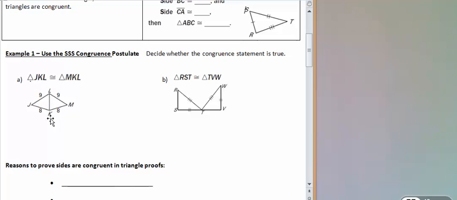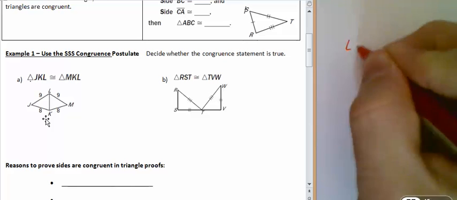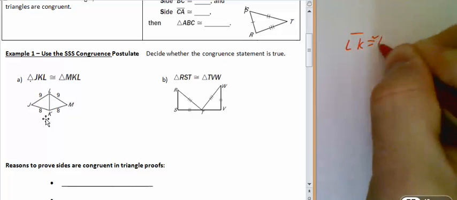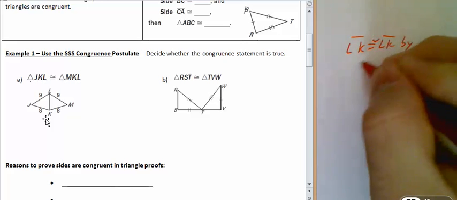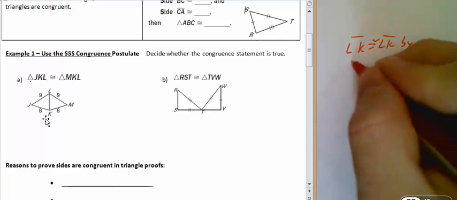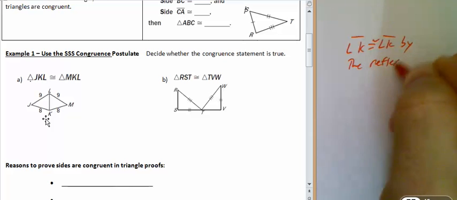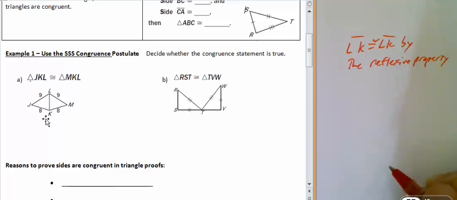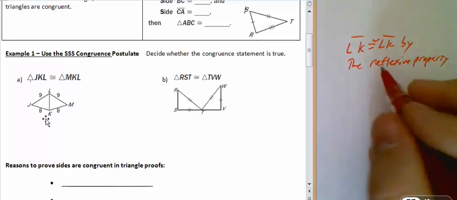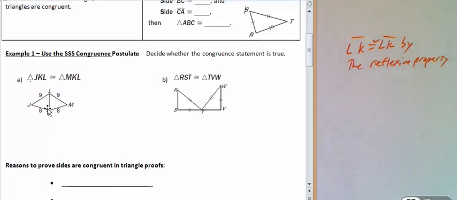But remember that property we learned last week where the two triangles actually share a side? So we could actually say that LK is congruent to itself by, anybody remember? Very good. I'll assume somebody said it. By the reflexive property.